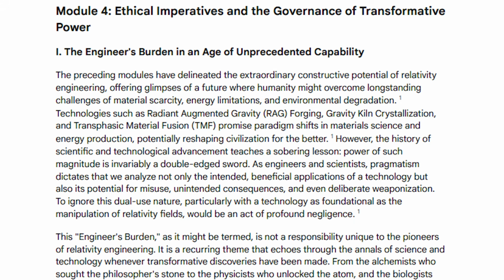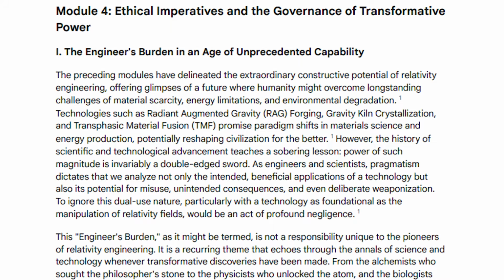Module 4: Ethical Imperatives and the Governance of Transformative Power. 1. The engineer's burden in an age of unprecedented capability. The preceding modules have delineated the extraordinary constructive potential of relativity engineering, offering glimpses of a future where humanity might overcome long-standing challenges of material scarcity, energy limitations, and environmental degradation.